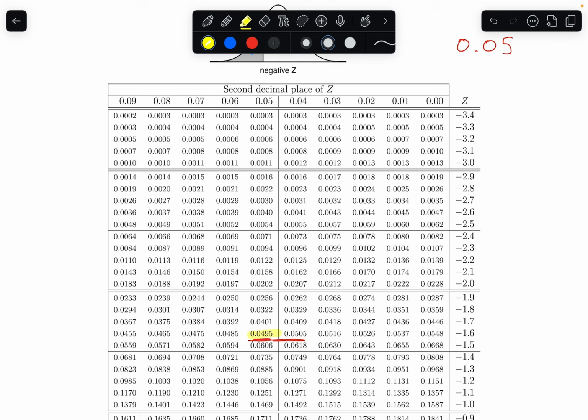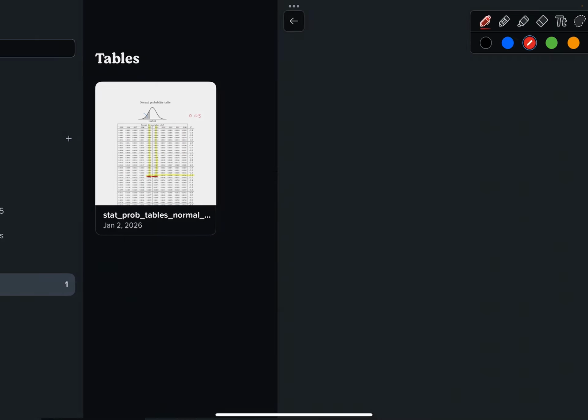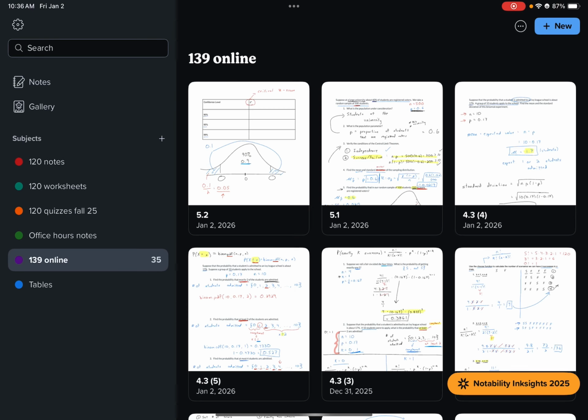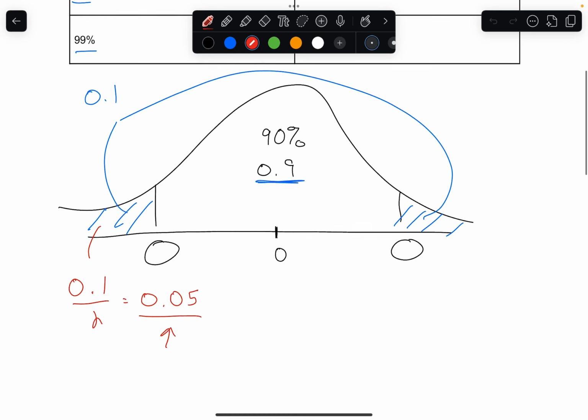But I know that my z-score is going to be somewhere between negative 1.64 and negative 1.65. Some textbooks will split the difference, and they'll say negative 1.645. I'm going to say negative 1.64 because it's closer. So we want negative 1.64. So the z-score corresponding to this particular distribution is z equals negative 1.64.